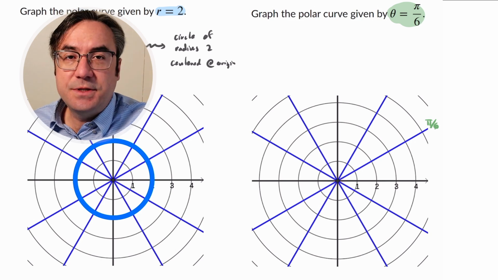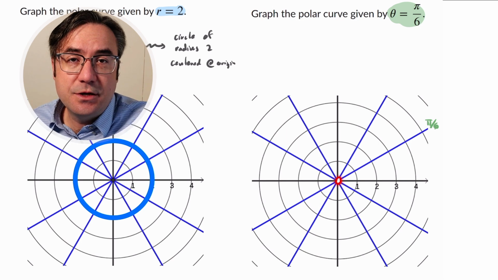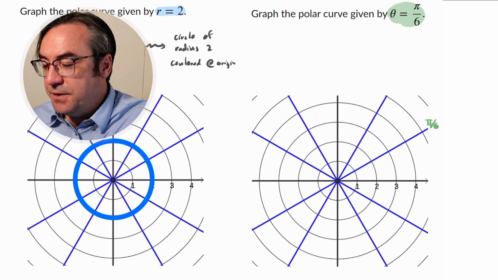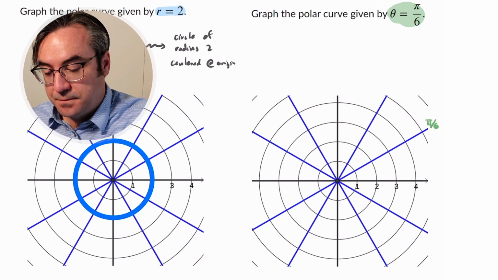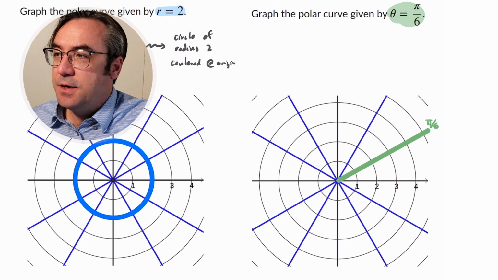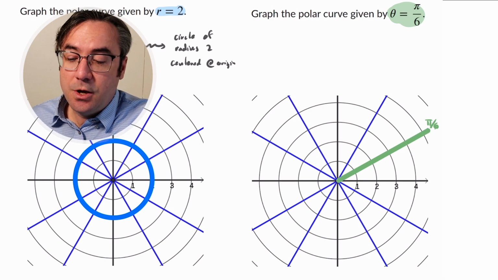And that includes the origin, because the origin can really have any angle just so long as the r value is 0. So all of these points here satisfy this equation.